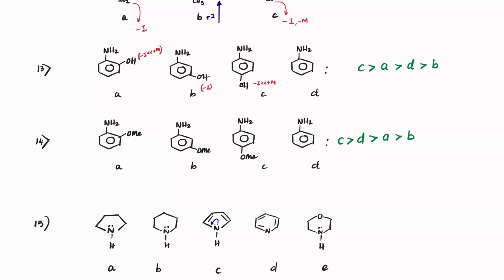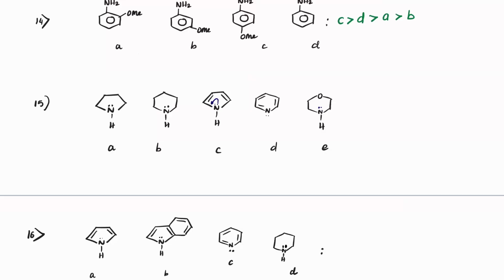Okay, so next, check out. If you have this pyrrolidine, which is completely localized, piperidine, completely localized, and then we have pyrrole, highly delocalized, pyridine, localized, and this is also localized.